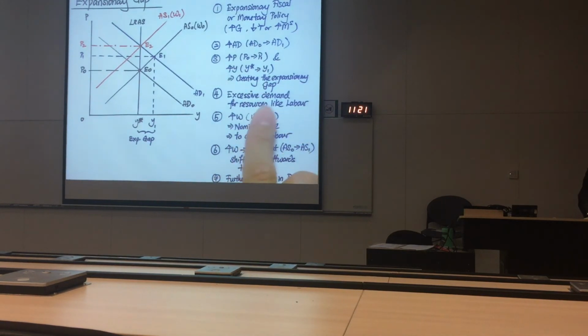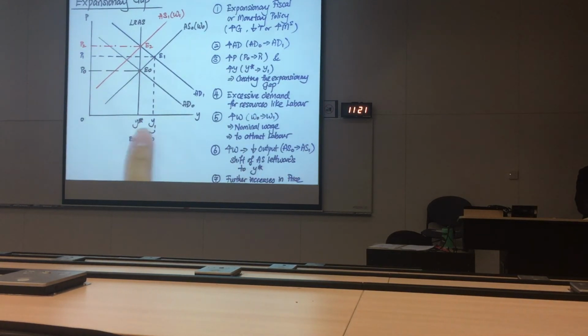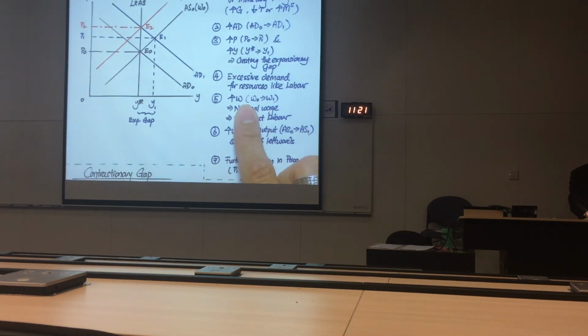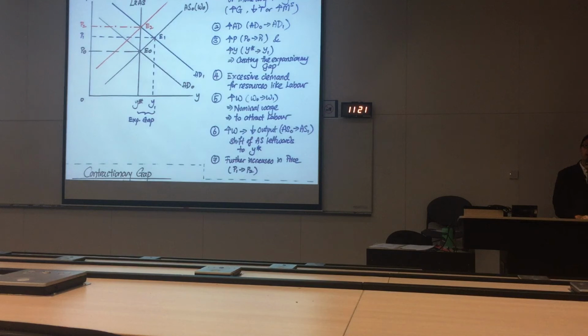Because of the excessive demand, Y star jumping to Y1, we need more labor. So the producers, to hire more workers, will increase nominal wages. But once nominal wages go up, you will therefore see the AS negatively impacted. So you go back and take a closer look at your basic supply factors.